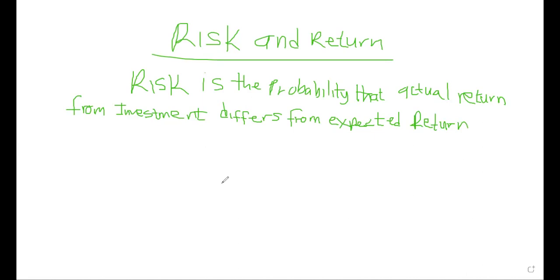Now, the expected return of a stock like stock A is equal to the summation of probability by the return.